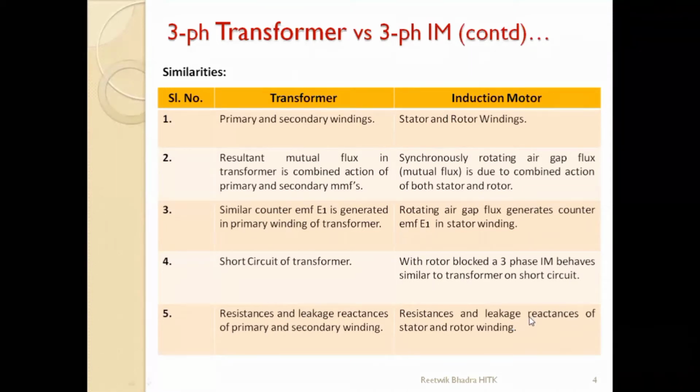Over here also we'll have the same thing: resistance and leakage reactance of the stator and rotor windings. Next thing, what we had seen is that a mutual flux is generated by the primary and secondary MMFs combining together. So over here, the resultant mutual flux in the transformer is the combined action of primary and secondary MMF.